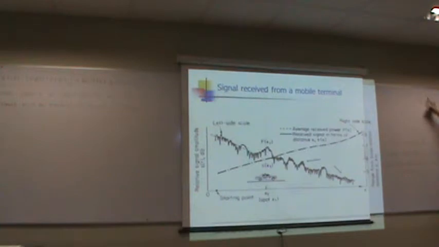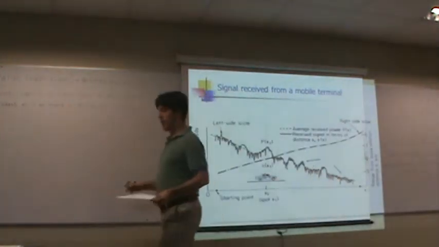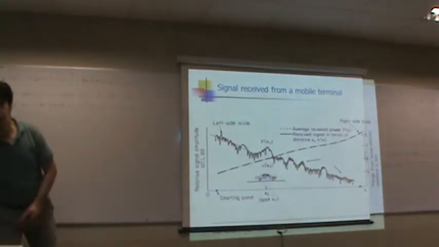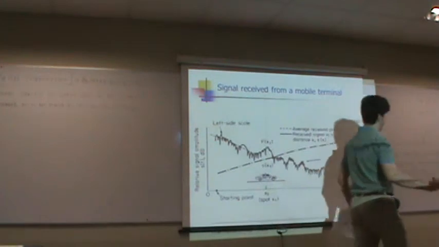L divided by lambda is the distance normalized to the wavelength. And J0 of x is the usual Bessel function. In particular, this is the zero-order Bessel function.